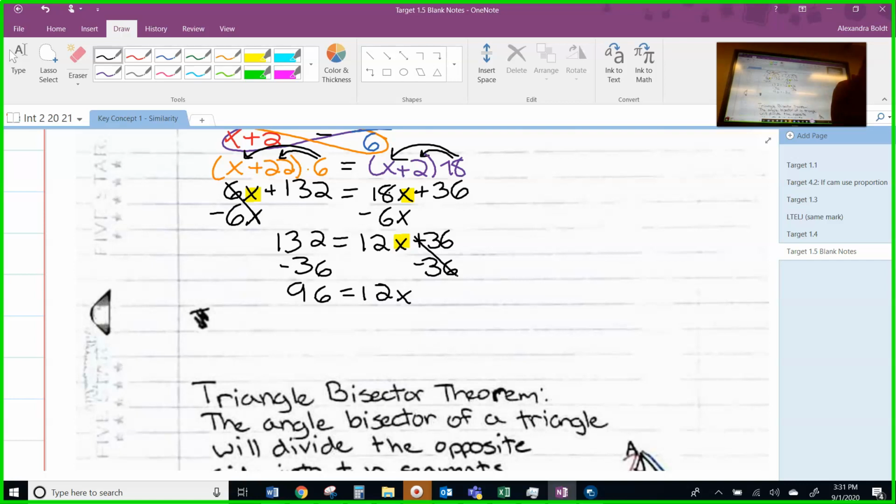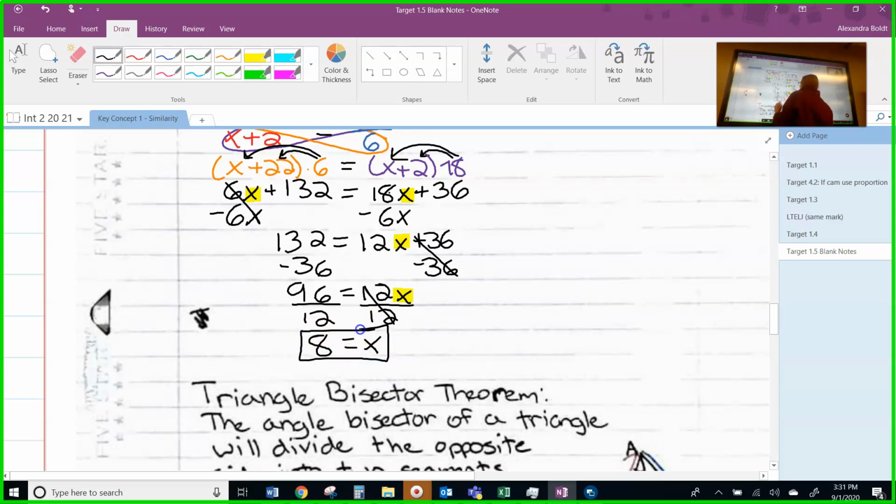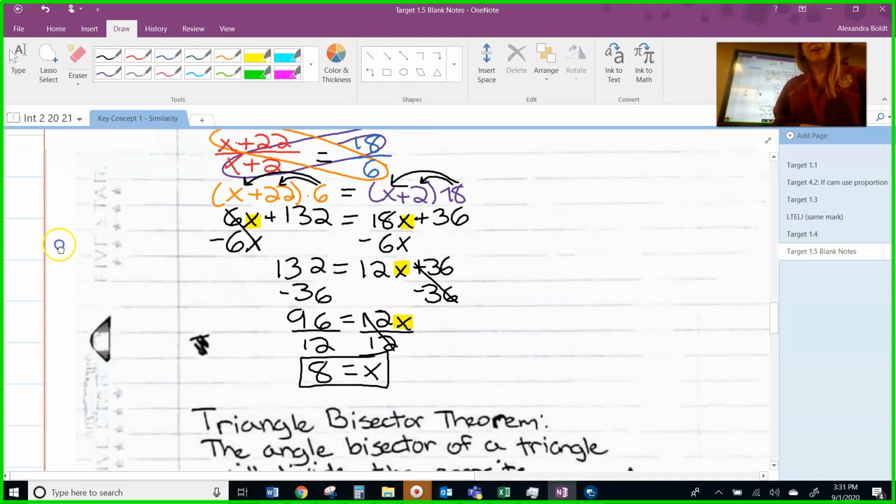And 96 divided by 12, right? So I'm going to get rid of the 12, because here's my x. Those cancel. So we have 96 divided by 12 is 8. Equals x. Okay, we solved for x.